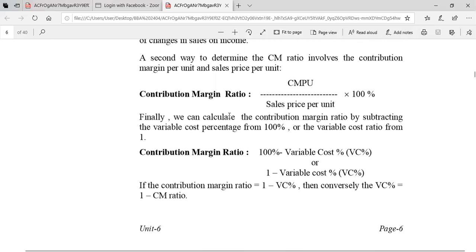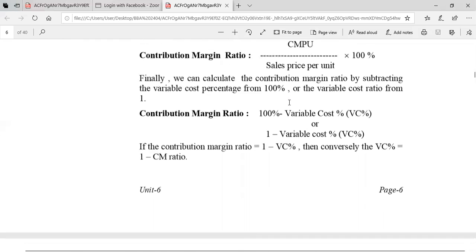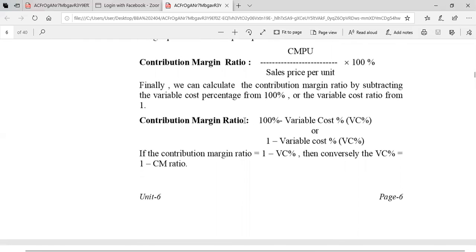Here we see how to calculate the contribution margin ratio: CMPU, that means contribution margin per unit divided by sales price per unit. This is the contribution margin ratio per unit. So this is one way of calculating the contribution margin ratio. We also follow another rule.